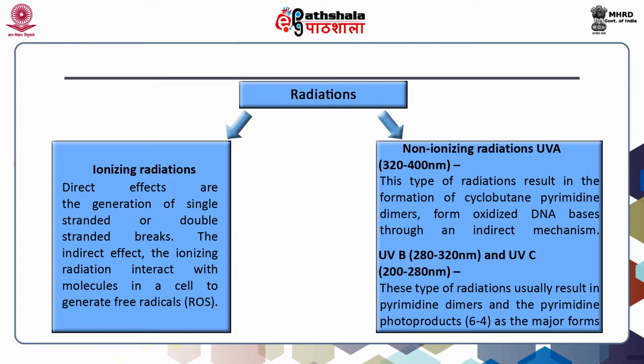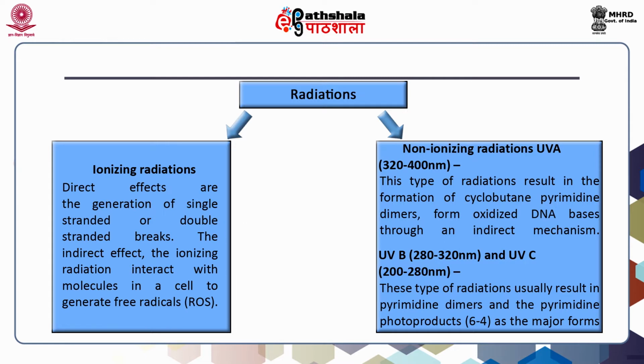In the non-ionizing radiations, there is UVA in the range of 320 to 400 nanometer. This type of radiation results in the formation of cyclobutane pyrimidine dimers. They can form oxidized DNA bases through an indirect mechanism.